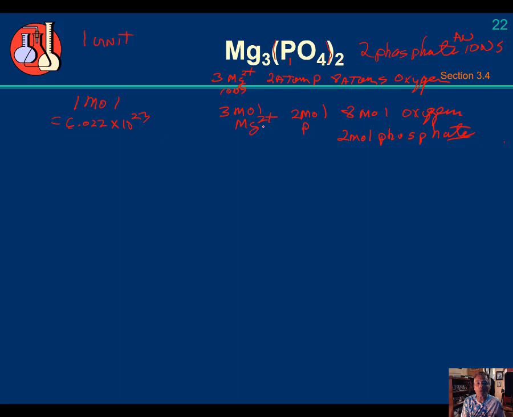So if I have 3 moles of magnesium 2 plus ions, that means I have 3 times Avogadro's number of magnesium ions, 10 to the 23rd, and that's magnesium 2 plus ions. And these are cations. And then if I have 2 moles of phosphorus, that means that I have 2 times 6.022 times 10 to the 23rd atoms of phosphorus.